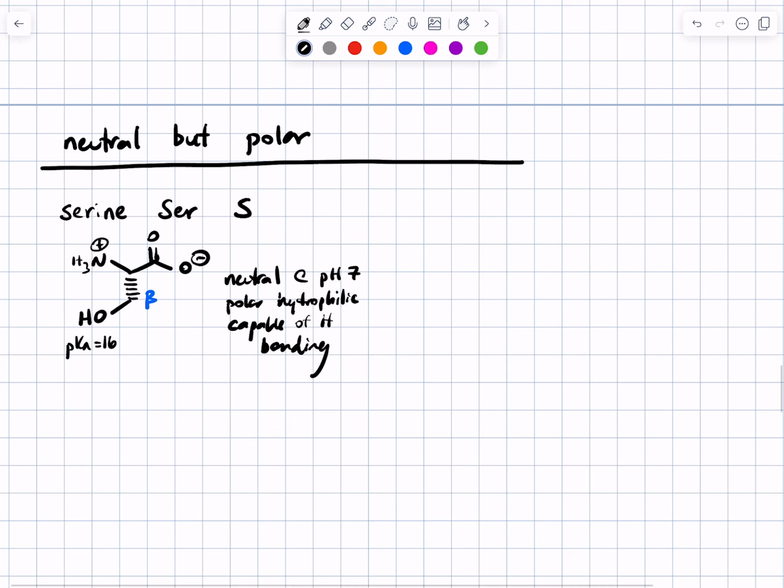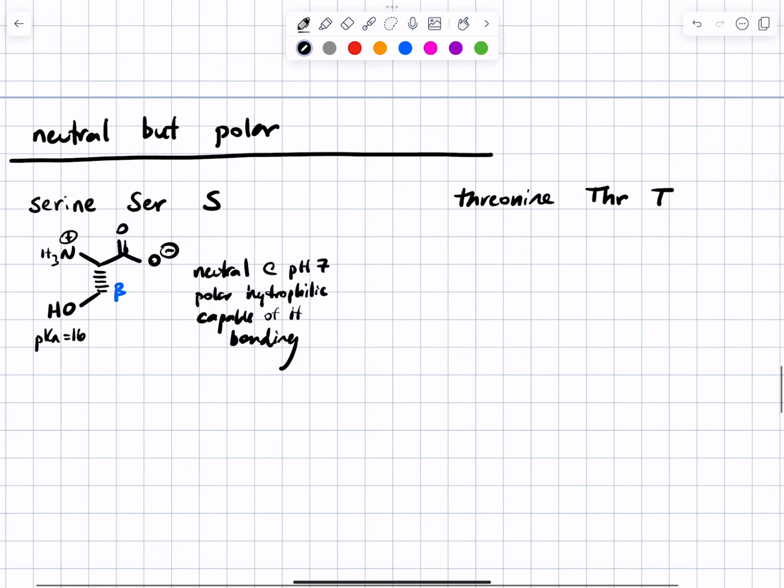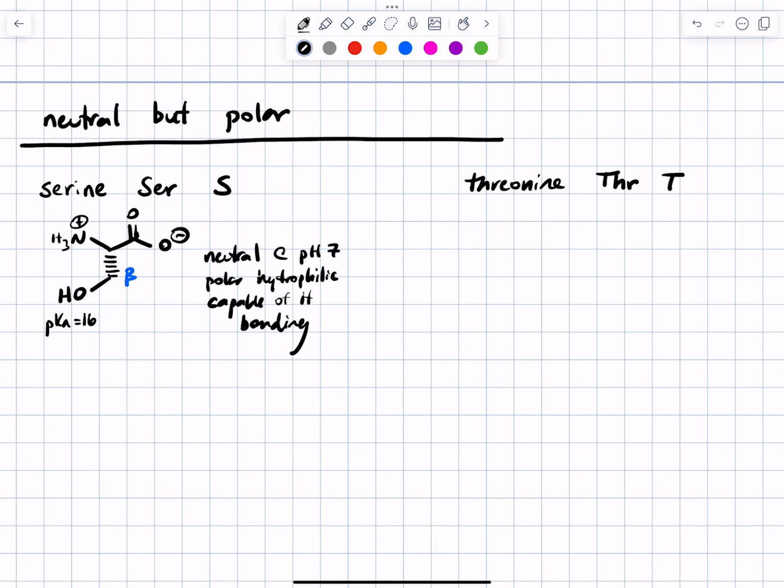All right, so the next one is threonine. Threonine is almost exactly like serine, only it's going to have an additional methyl group on the beta carbon.